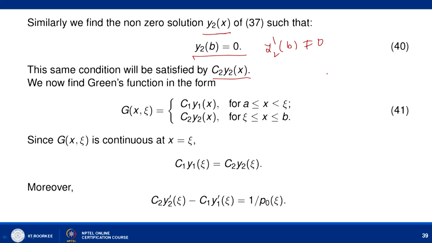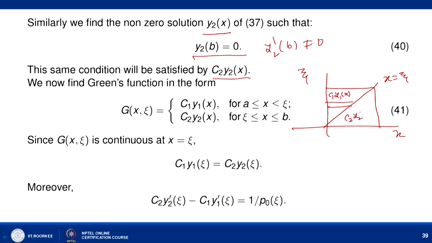If you look at this, you have x and you have xi here, and x from a to xi. So here you have c1 y1(x), and here you have c2 y2(x), and you need to find out this c1 and c2 based on the properties of the Green's function which we have assumed.